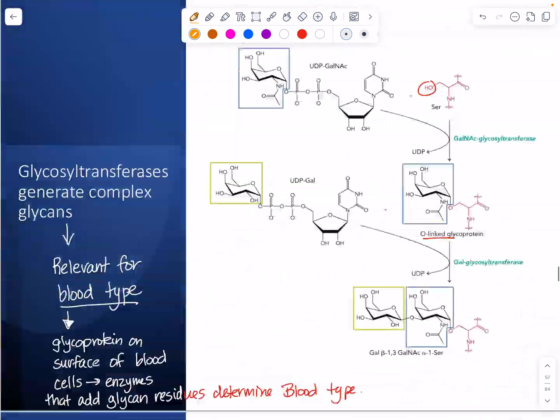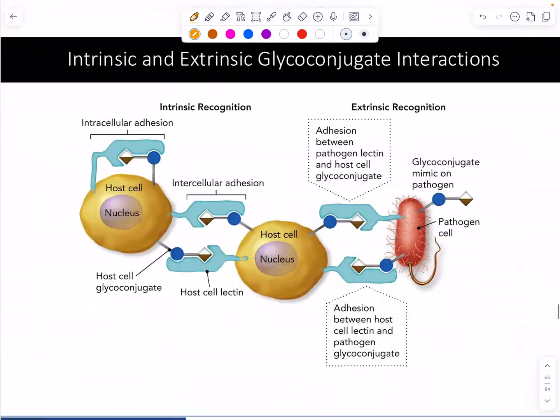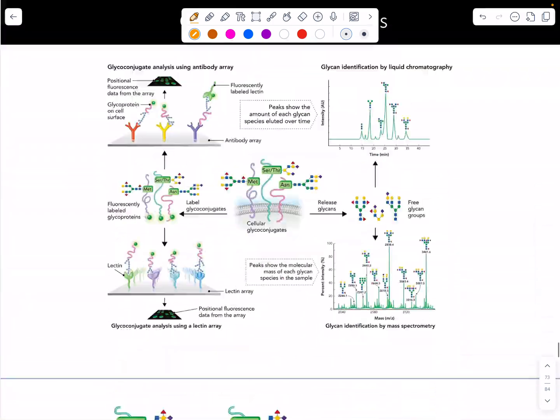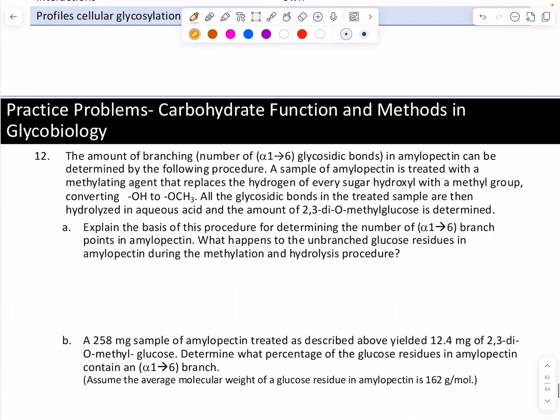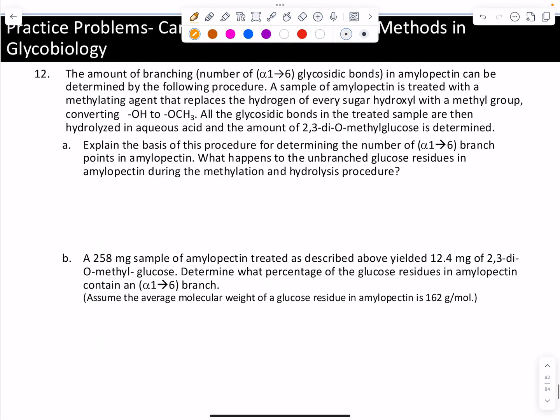All right, so let's go to the final practice problem. All right, so this one we don't have to understand the chemical method to be able to think about this problem here.